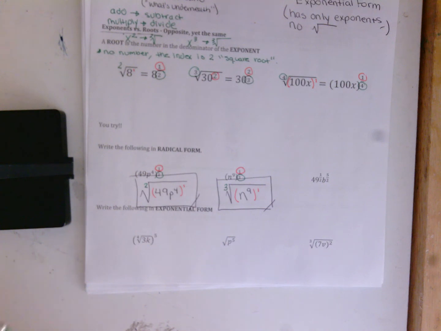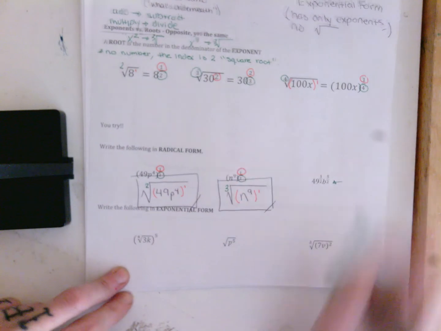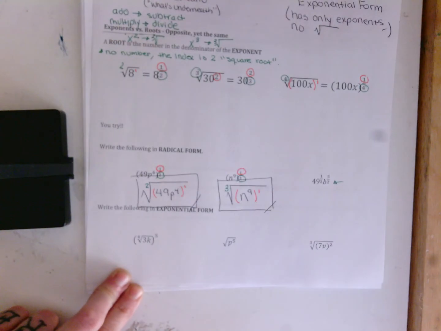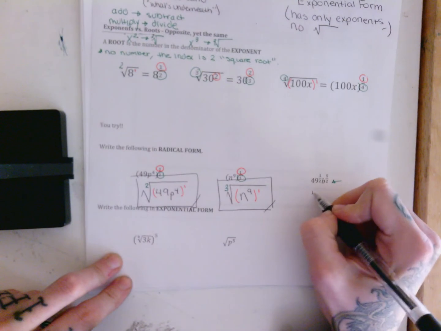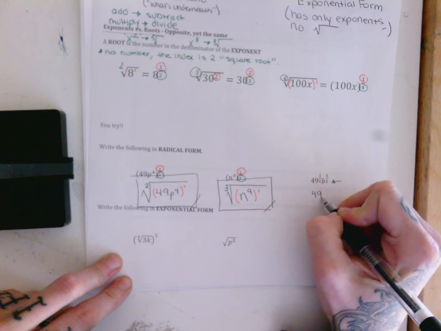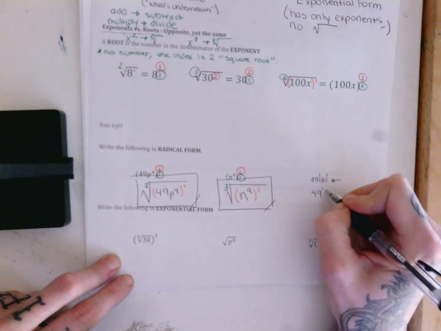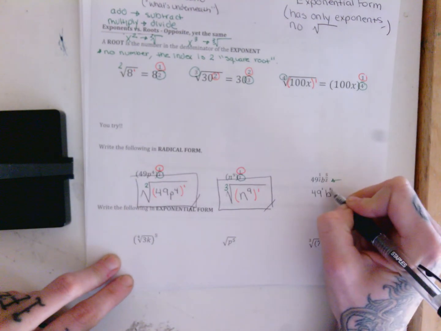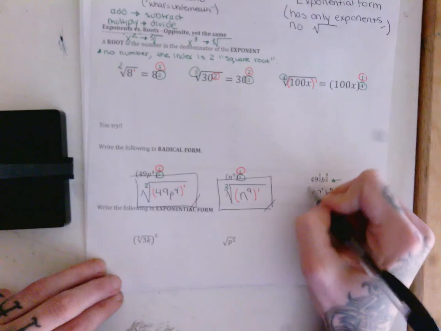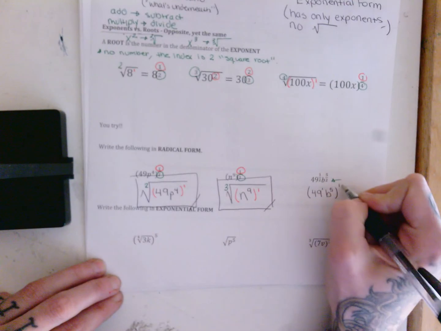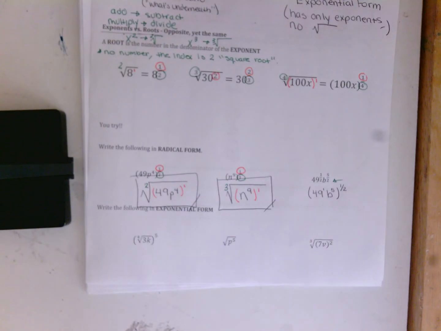So now here you'll notice each is being divided by 2. So I could rewrite this as 49 that has a power of 1, b that has a power of 5, and both of these exponents are being divided by 2.